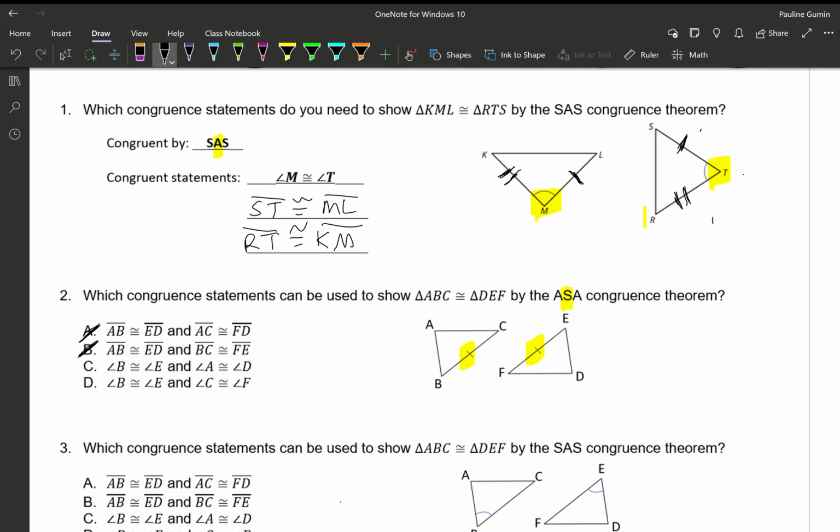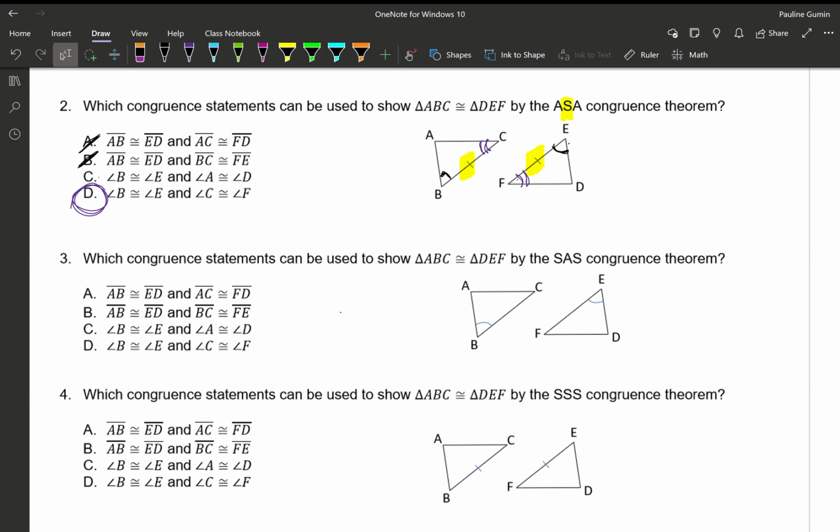Now what I need here is for, let's say, angle B to be congruent to either F or E. So let's see. Both C and D have B congruent to E. Okay. Then we need angle C to be congruent to F to form that ASA sandwich. So let's see which option has that. There it is. C is congruent to F.